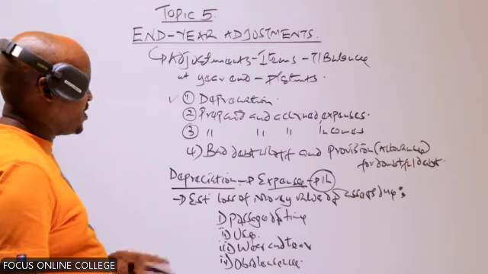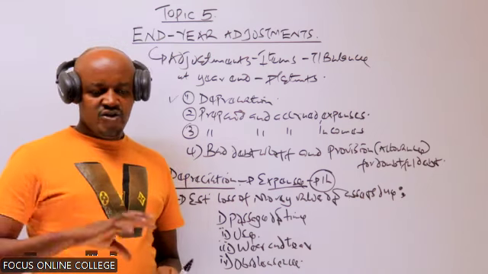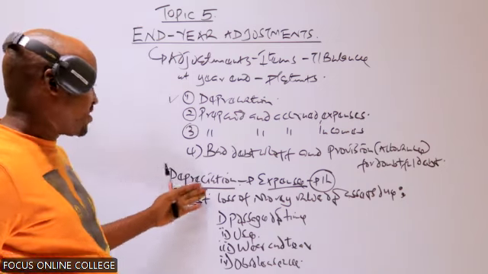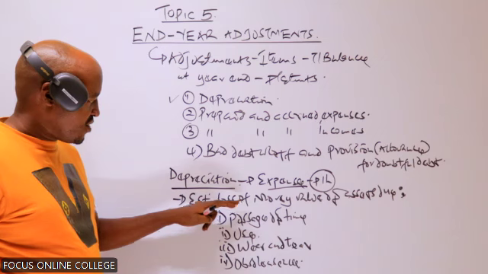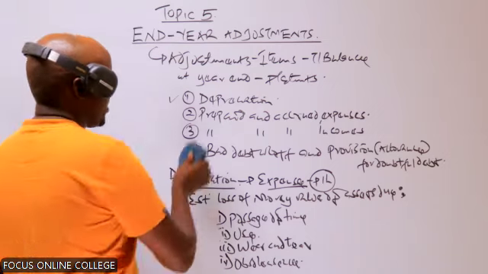As an expense. Now, there are various methods which can be used by a business entity to estimate the loss of money value of assets. If you want to estimate the value an asset has lost at the end of the year, there are various methods you can use as an accountant.